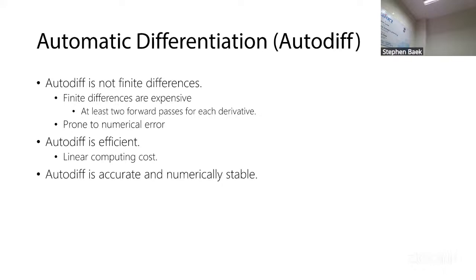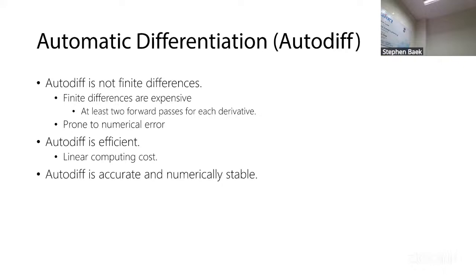AutoDiff being the generalization of backpropagation, we're calculating the exact derivatives, not approximating. So there's less concern of numerical error and things like that.